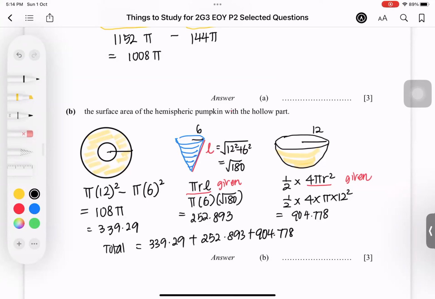I get 1496.961. Rounding it off, 1500 cm squared. Have you gotten the answer?